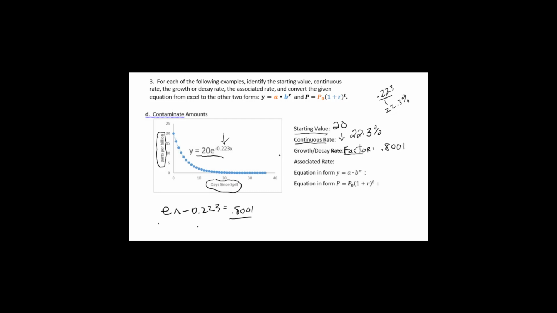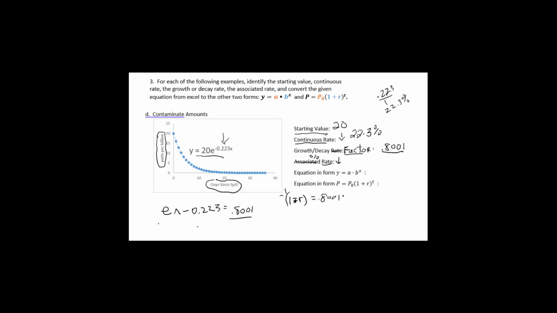So the associated growth or decay rate, which I should put a percentage on, coming off of that. Now, how did we get that? Well, 1 plus or minus r. In this case, it's going to be 1 minus r because it's a decay, it's less than 1, equals 0.8001.